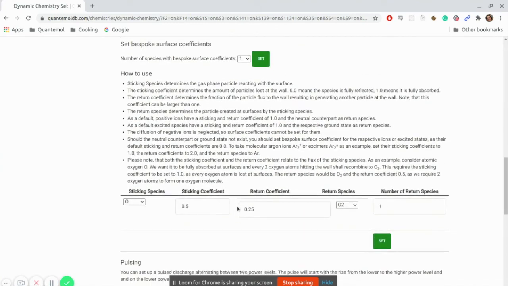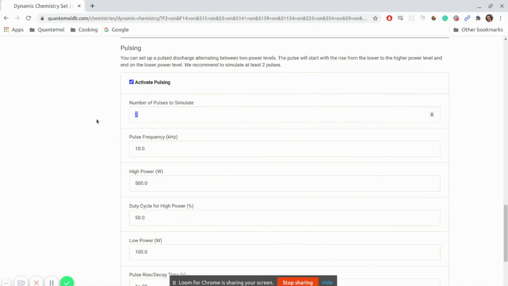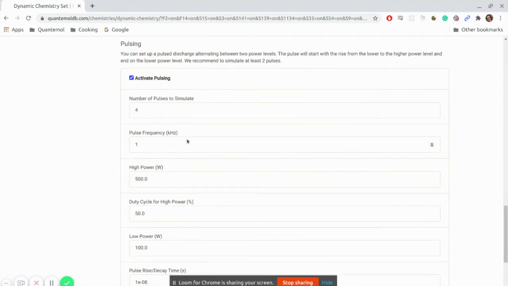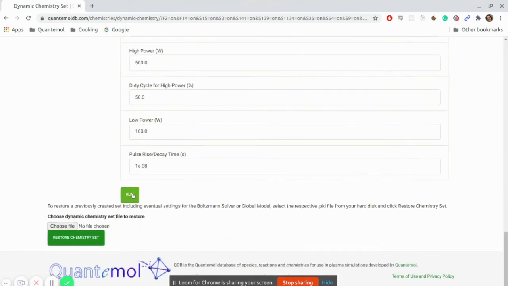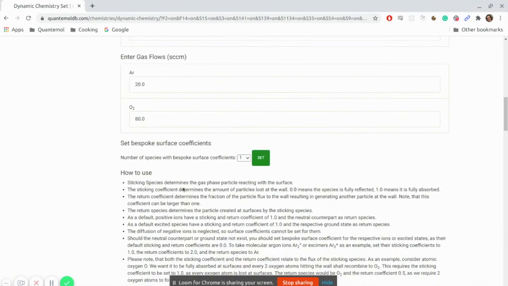So let's go here, and I can add I can also add pulsing to this model. So for example, I can make 4 pulses and make it 1 kilohertz and hit run. So let's look at results now.